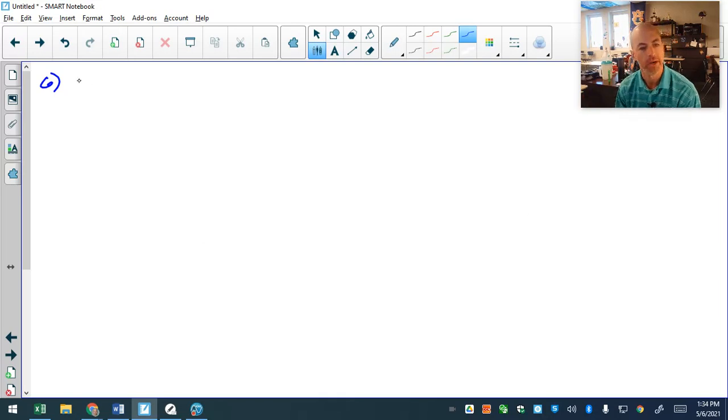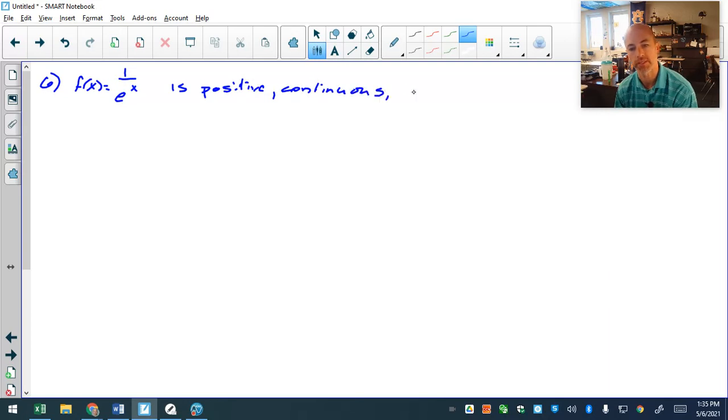All right, so f of x, we're going to use the function 1 over e to the x, is positive, decreasing, continuous, and decreasing. That is what you want in order to use the integral test.